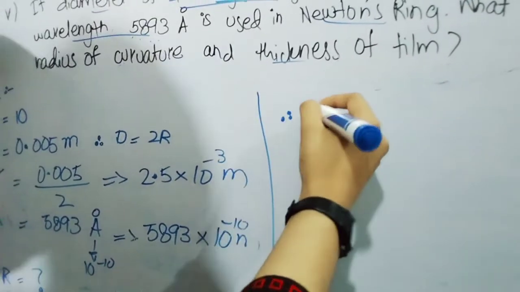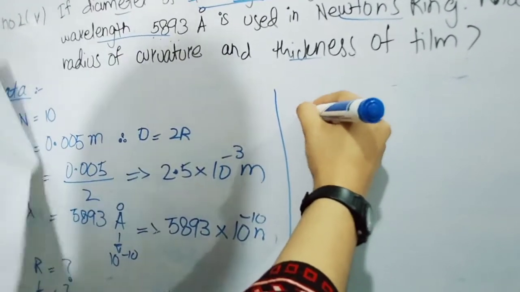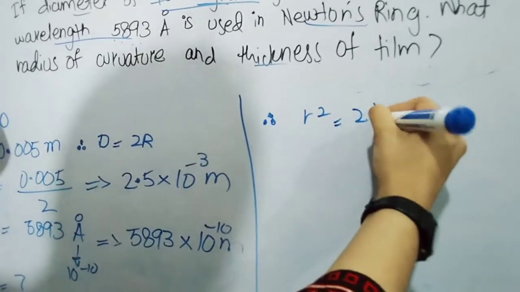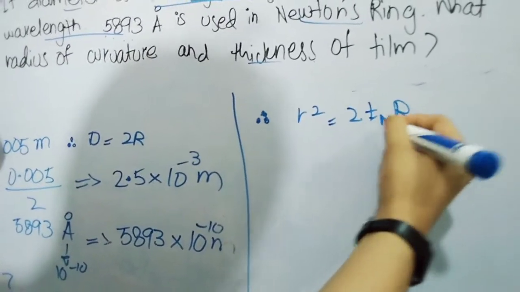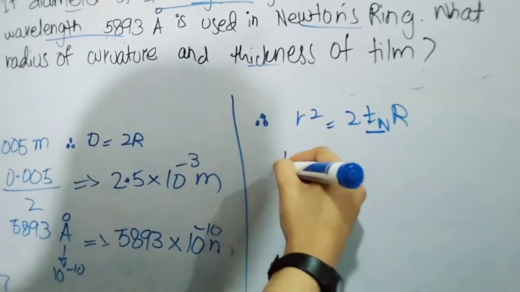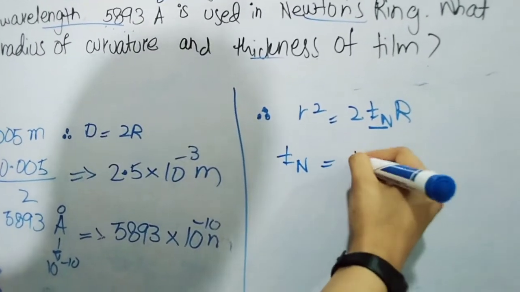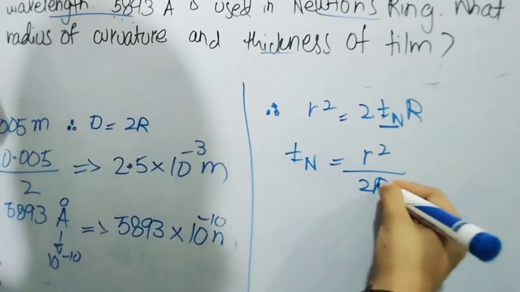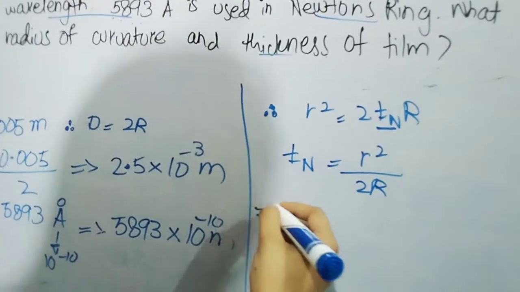So to find the thickness T, we know that in the very start we have the formula r squared is equal to 2TR. This T is actually the thickness of the lens. So T is equal to r squared divided by 2R, and here we will only substitute the values.